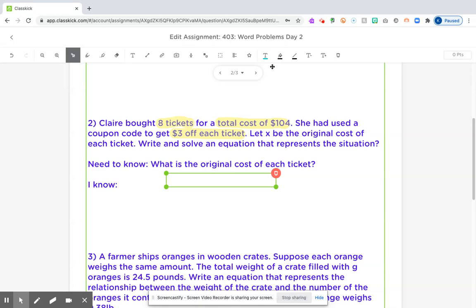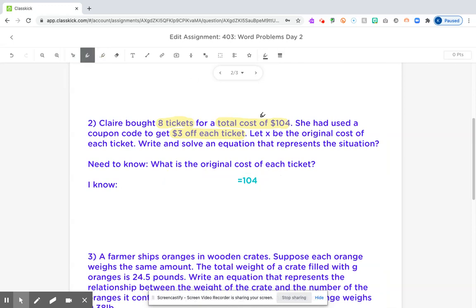So we know the total is 104. And we know our total goes after the equal sign. So 104 is going to go at the end. We know she bought, so we can check that off. Okay? That one's checked. We got that one done.